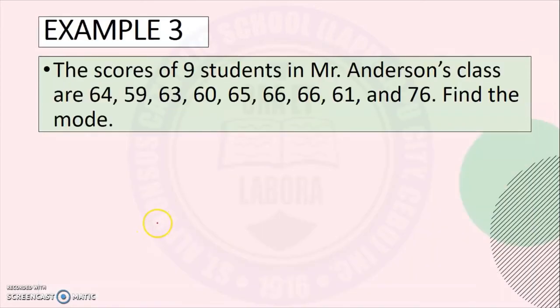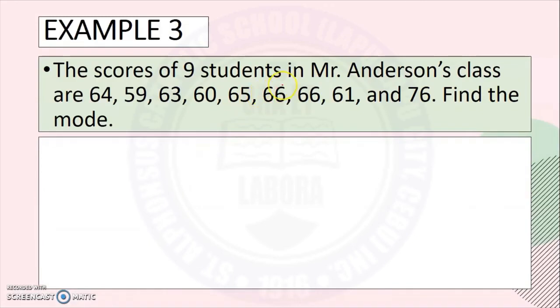Next, number 3. The scores of 9 students in Mr. Anderson's class are 64, 59, 63, 60, 65, 66, 66, 61, and 76. Let's find the mode. So, as you can see, we have here 66.